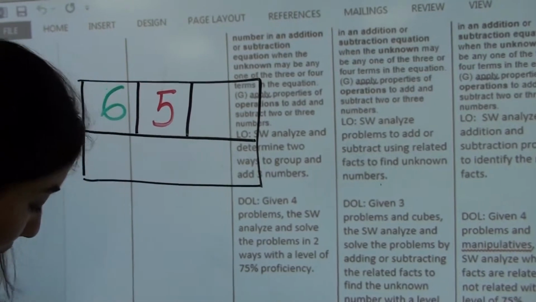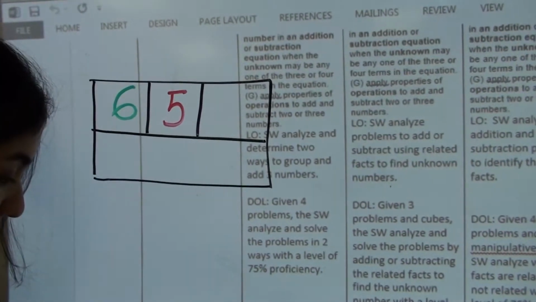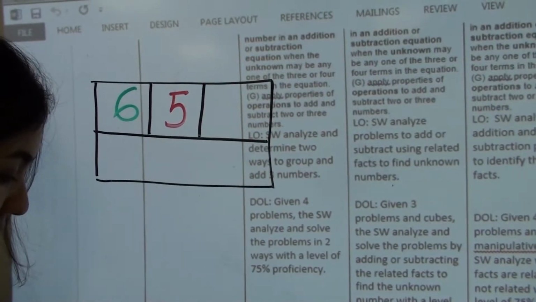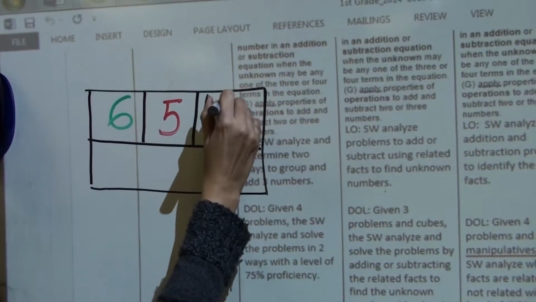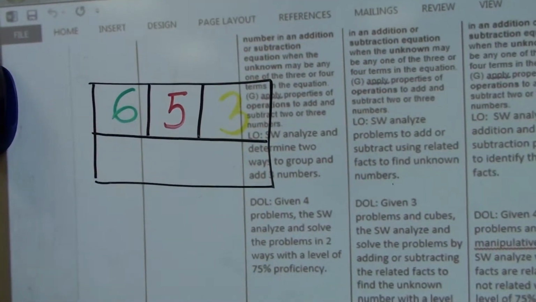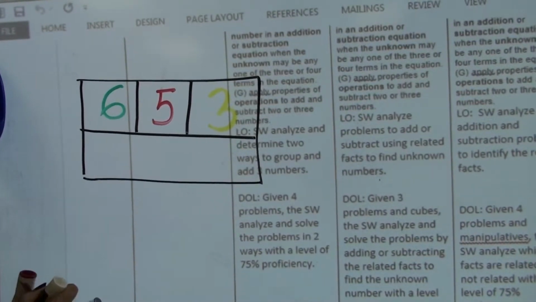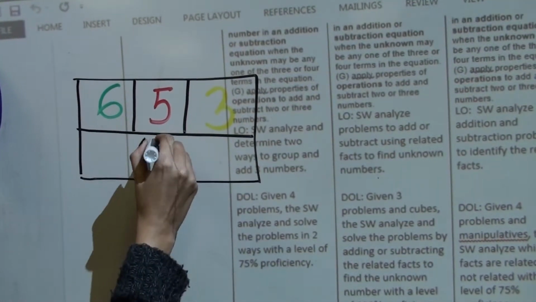We don't have yellow. Yellow's right there. It says dry erase. Yeah, you can write it. It's dry erase. Okay. If it doesn't come off, it comes off your paycheck. And 3 yellows. So 6, 5, 3. How many are total?